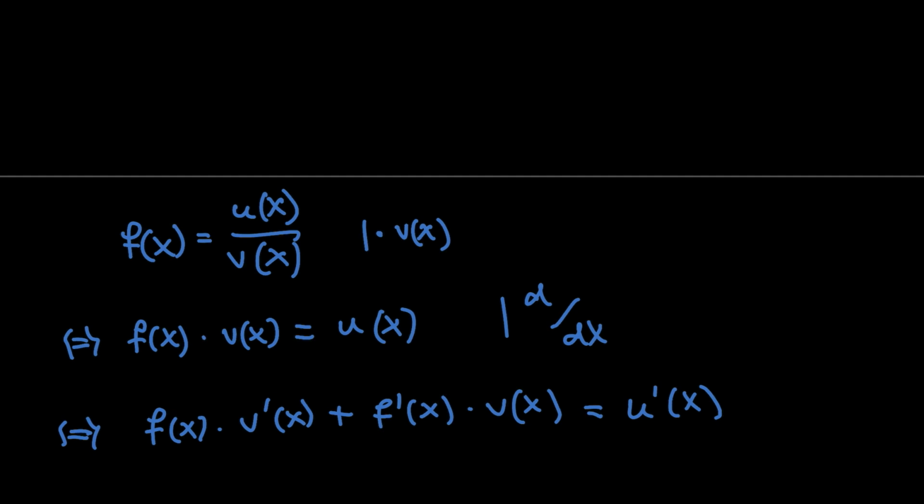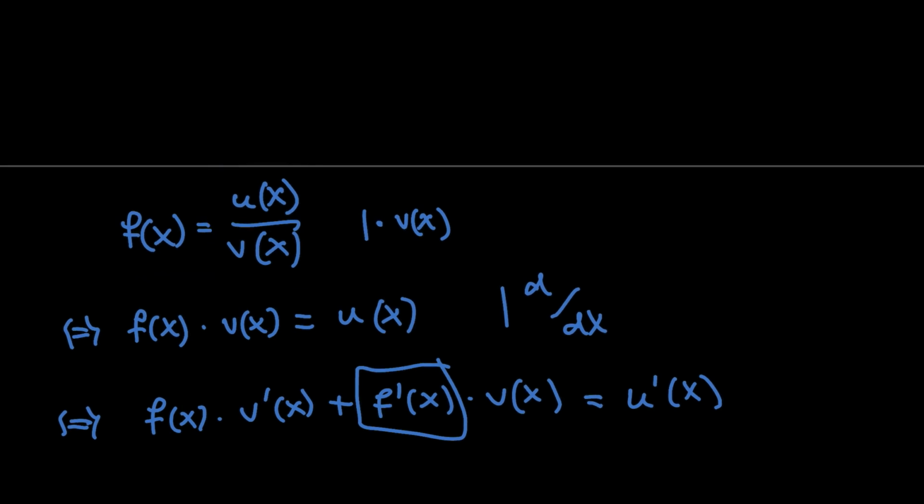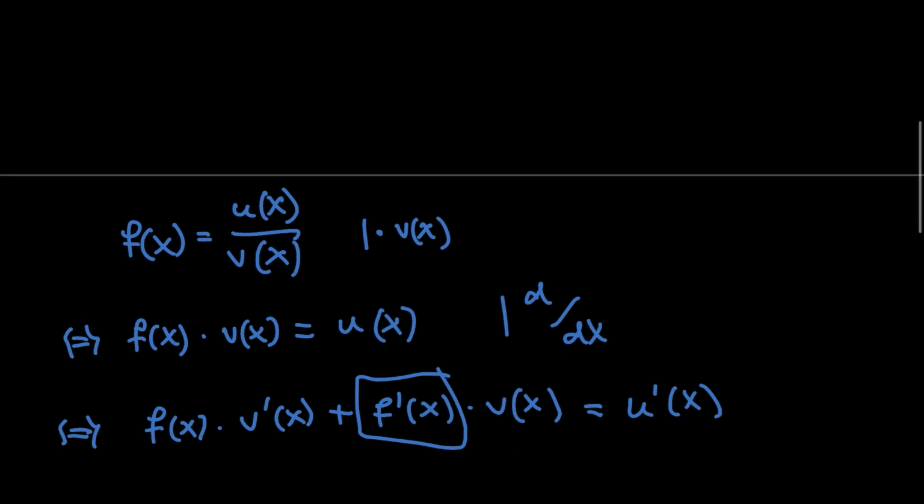Now you might already be thinking of just isolating f dashed of x, since that's what we're looking for. We're looking for the derivative of f, since that's our main function. That's the ratio. The ratio is just f. And what would the derivative be? Well, we can just transfer everything else to the right side, right? And that is what we'll do.